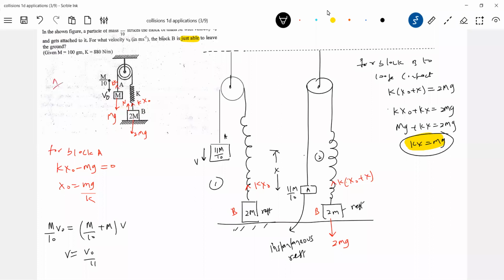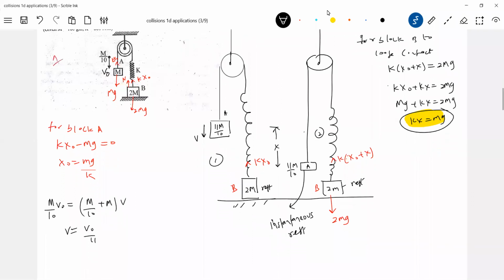Now, any equations? Can you write it? Initial kinetic energy of the block. So let's go for the energy equation. What is the kinetic energy of the block? 11 m by 10 of v square by 2, plus initially there's some energy in the spring, kx naught square by 2, should be equal to, plus the decrease in potential energy of the block.